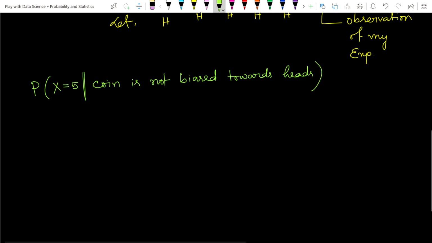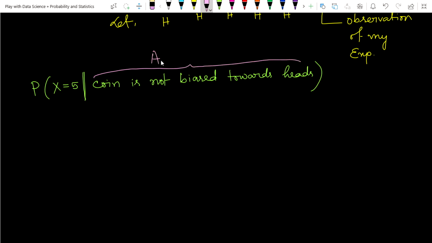Let's assume this. This is a simple assumption. In short, the assumption we have made here means there is no difference, the coin is not biased.